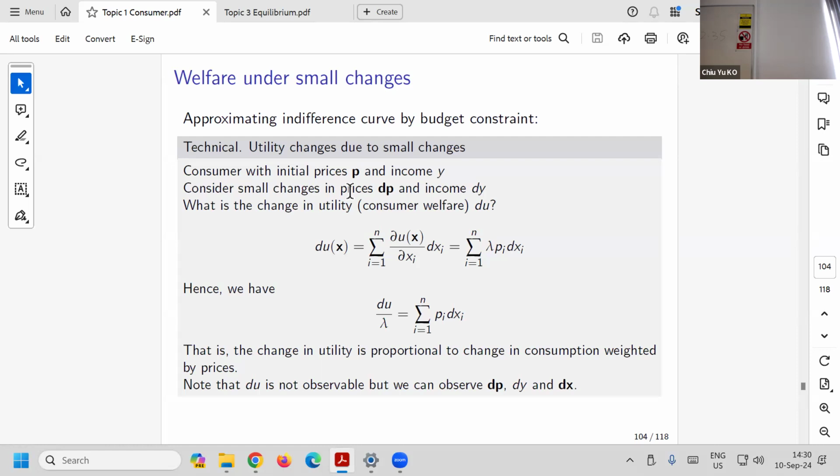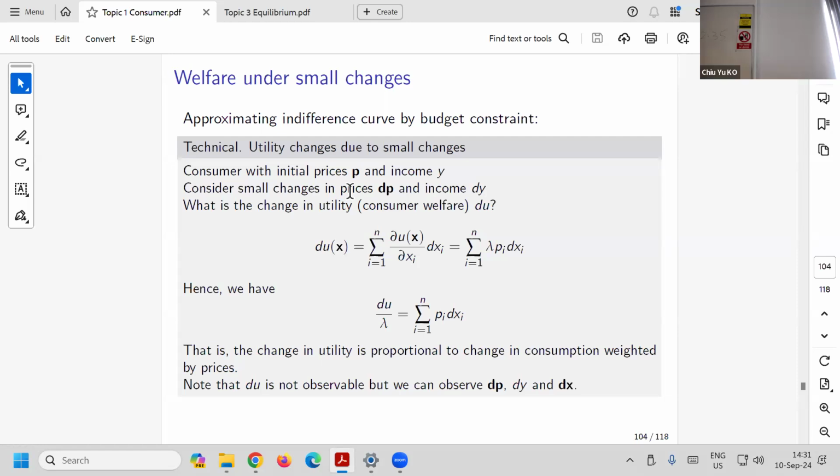As long as the change is small, I just look at the price times the change in quantity, and that's done. I don't need to assume utility is Cobb-Douglas, take a square root, whatever, as long as it satisfies certain properties which guarantee a nice solution: monotone, concave, continuity. Everything is well behaved and then done. So in the policy world, that's the most useful one.